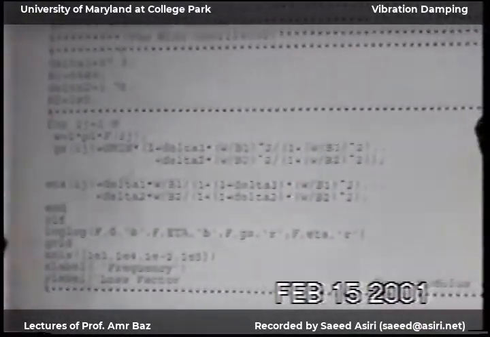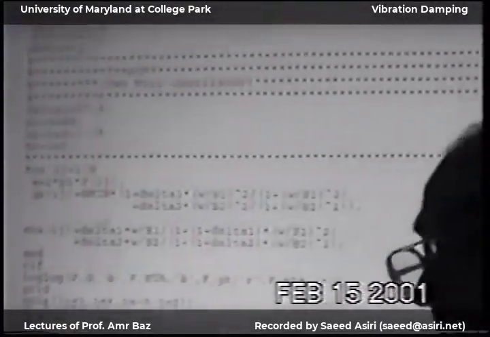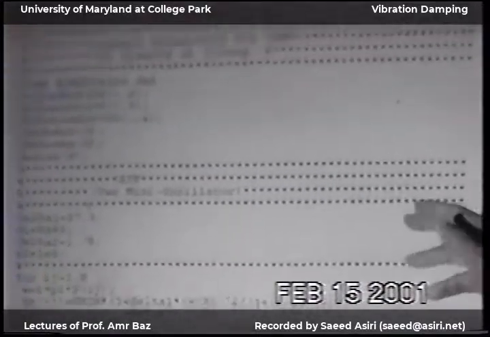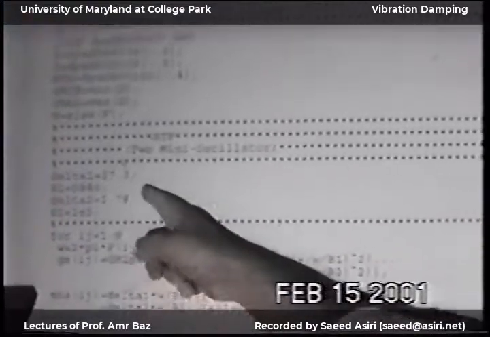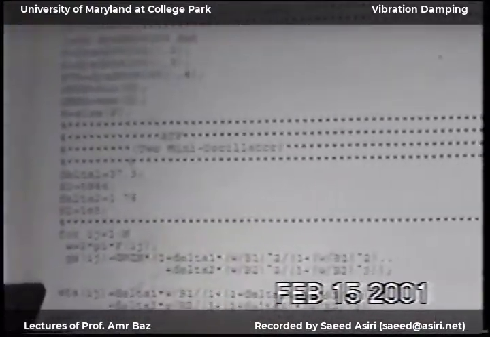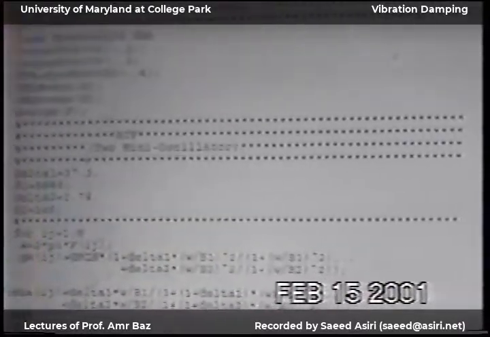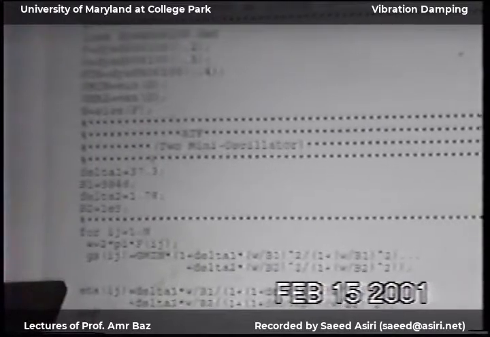Now I go and get the optimum parameters. The second chart will give us the optimum parameters that I have from the optimization, and the optimum parameters are in the handout, on the last page.